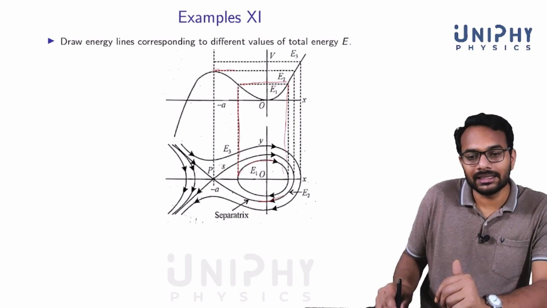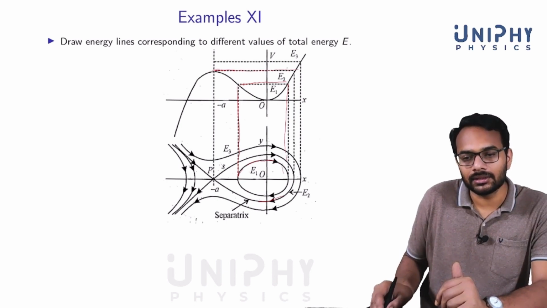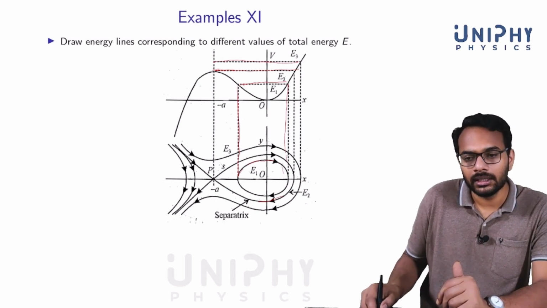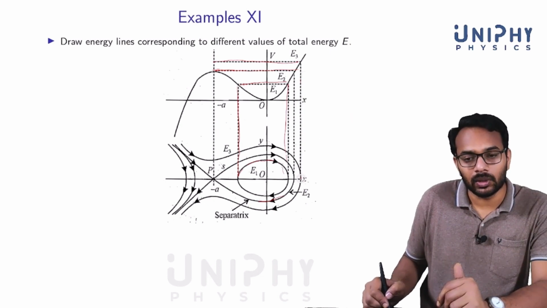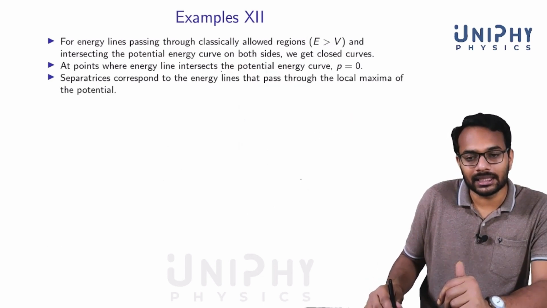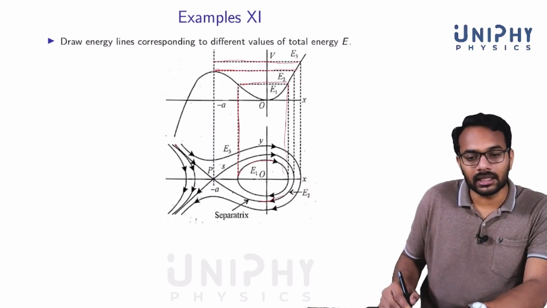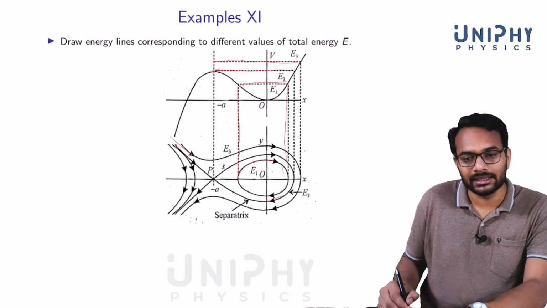We see that it's not exactly bound here. Let's talk about this one first. We drop a point here. We know that the momentum will become 0 at this point. Let's imagine a particle coming from minus infinity. Its momentum will increase. It will never become 0.